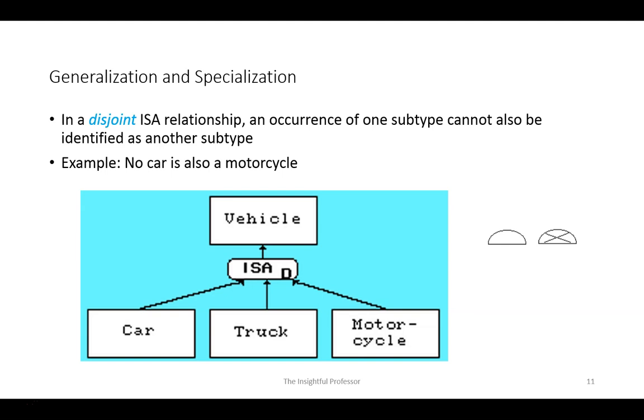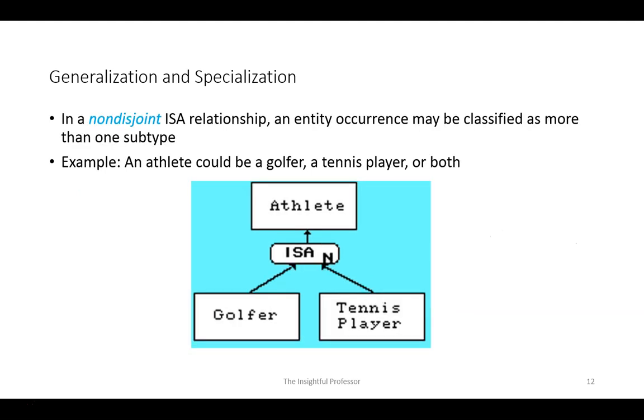Let's take a look at non-disjoint. In a non-disjoint is-a relationship, an entity occurrence could be classified as more than one subtype. For example, if we find in our application domain that we have athletes, and we say, well, an athlete could be a golfer, an athlete could be a tennis player.